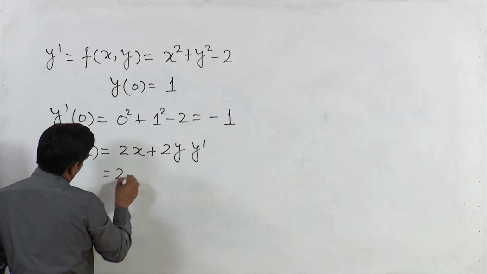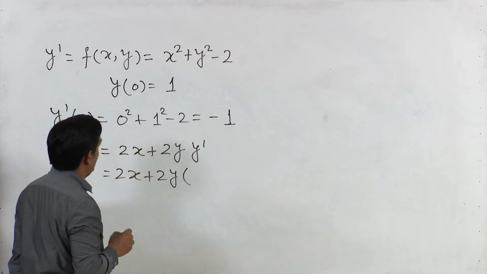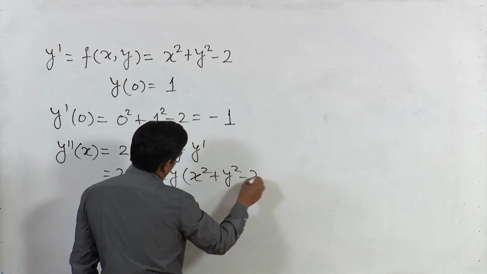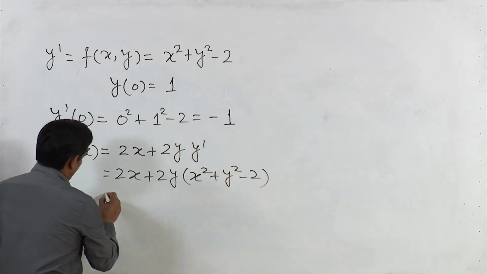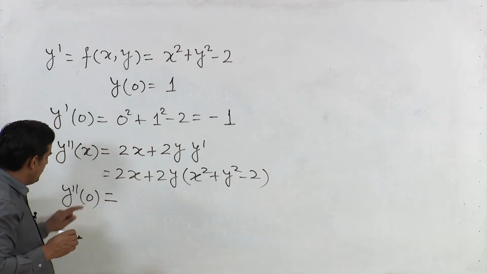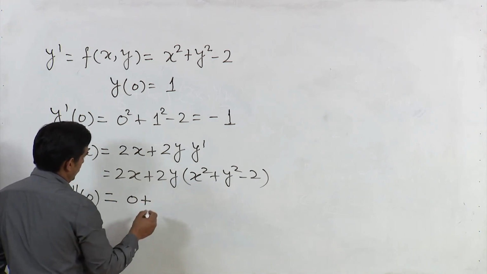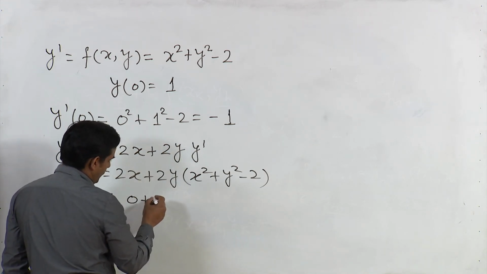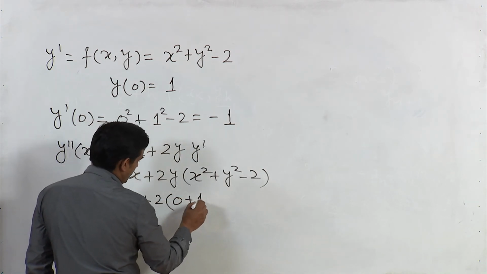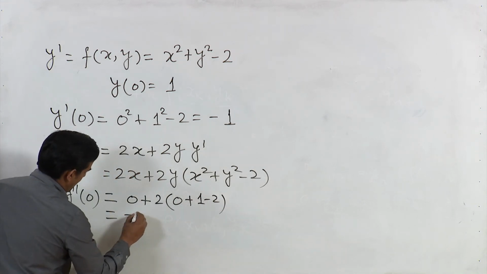So it will become twice x plus twice y into (x square plus y square minus 2), and when I calculate the value of y double prime at 0, it will be 0 plus 2 times y at 0, which is 1, times (0 plus 1 minus 2), so minus 2.